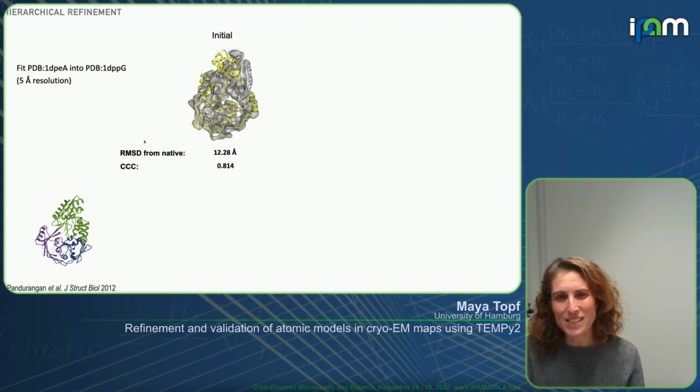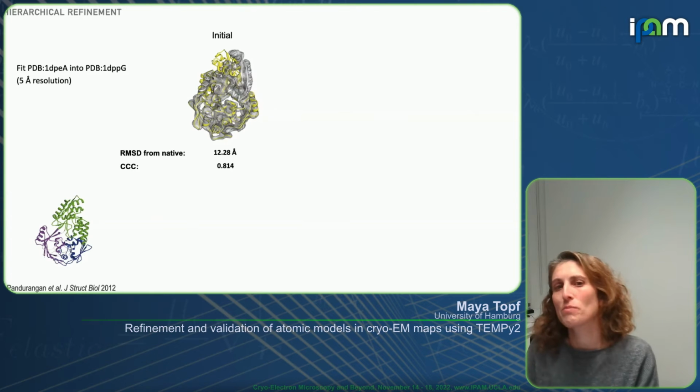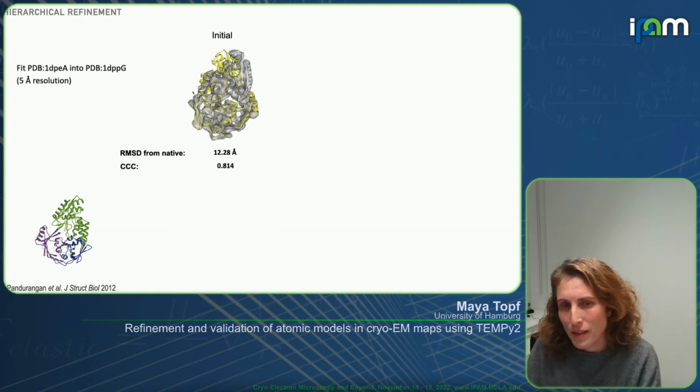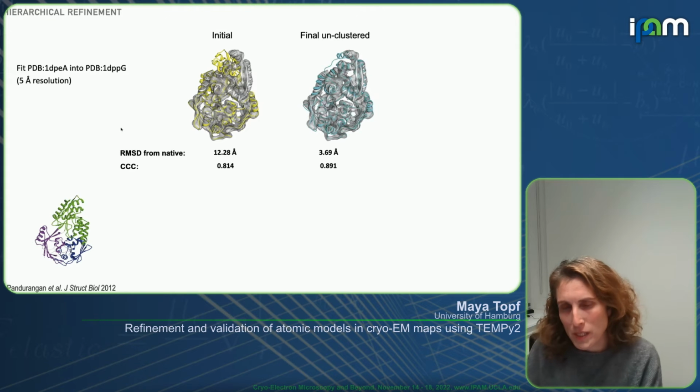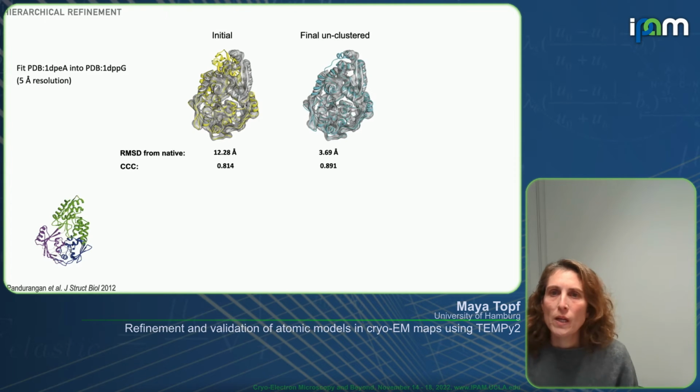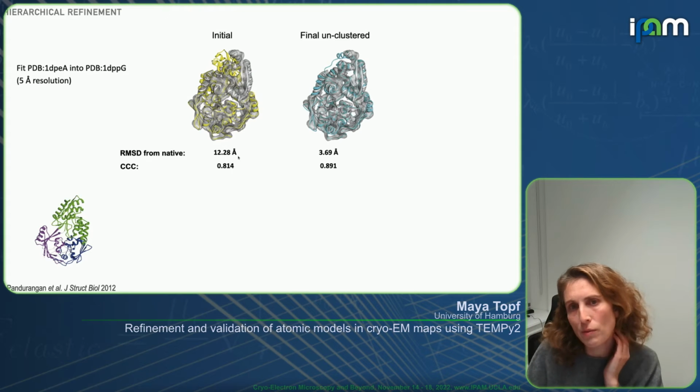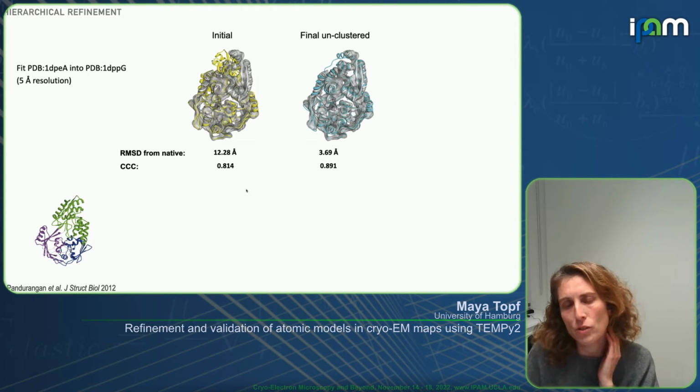What we could see is that if we start with an initial structure, these are two structures, the same structure in a different conformation. The yellow has to be refined to the map that is in a different conformation, represented by the white ribbon. The initial structure is going to be 12 angstrom RMSD from the target structure.